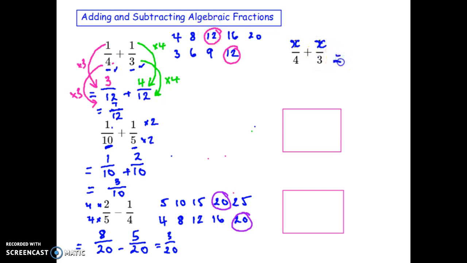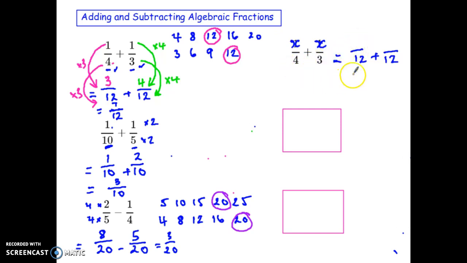I would go through the same process, writing my denominators as a common denominator, in this case 12, just like we did over here.